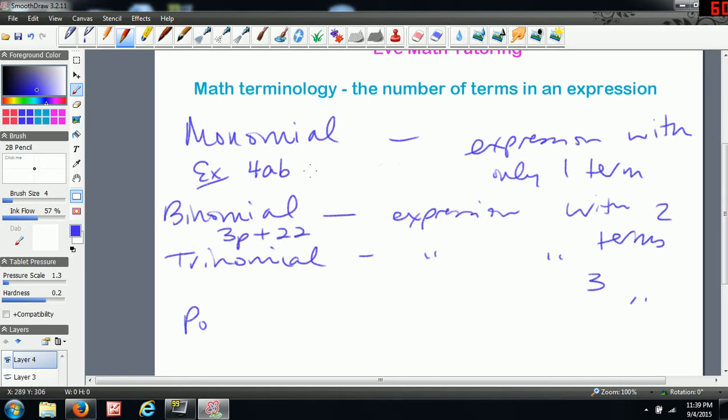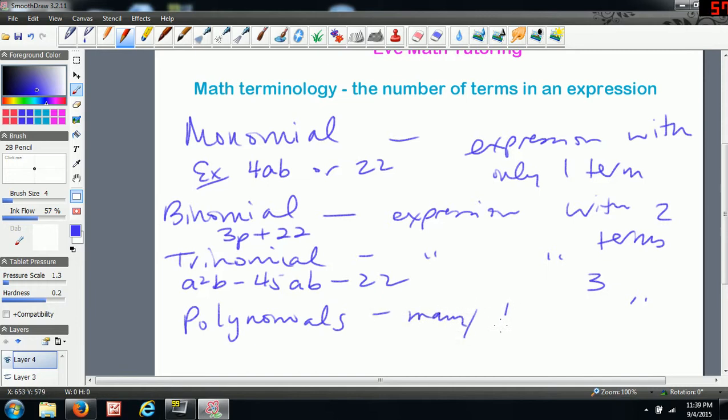So the number is considered a term, okay? So binomial 3p plus 22. A trinomial could be something like a squared b minus 45ab minus 22. And then we've got polynomials, which are many-termed expressions.